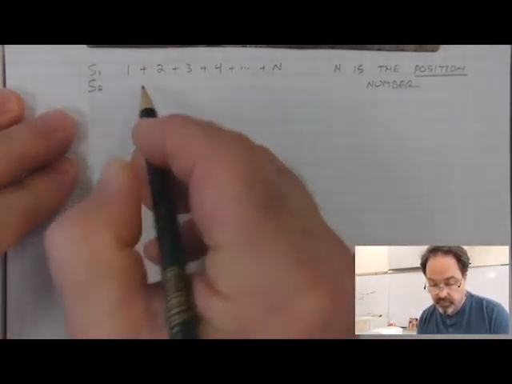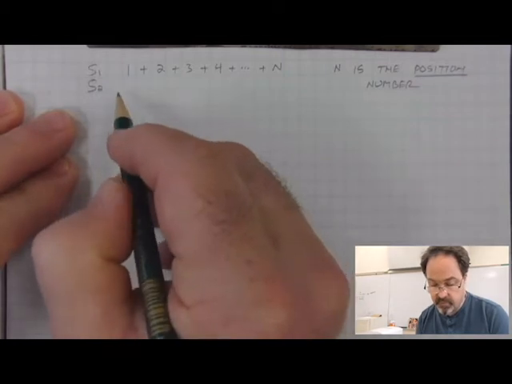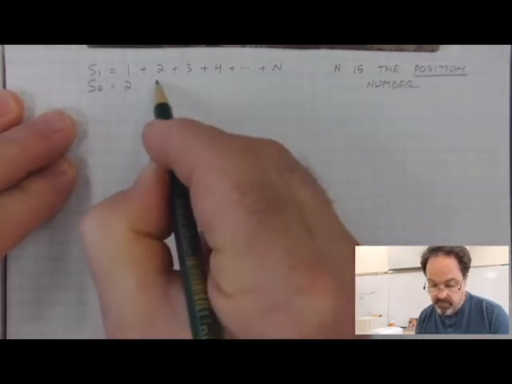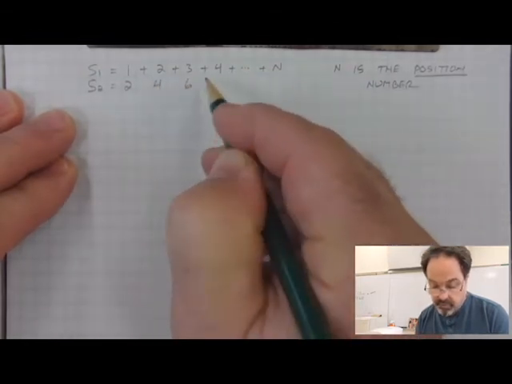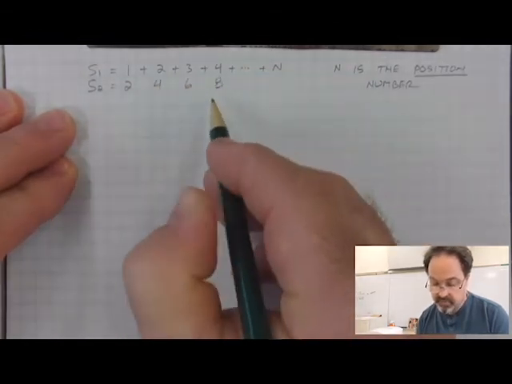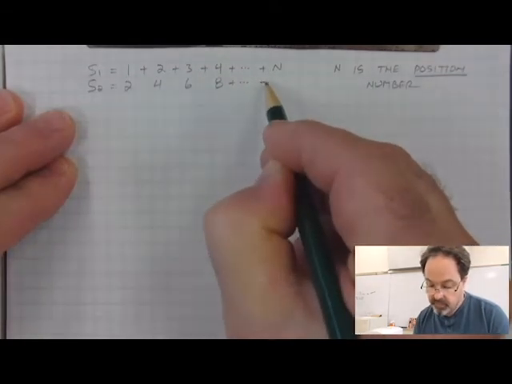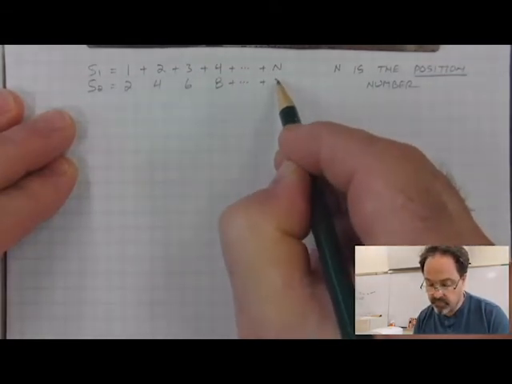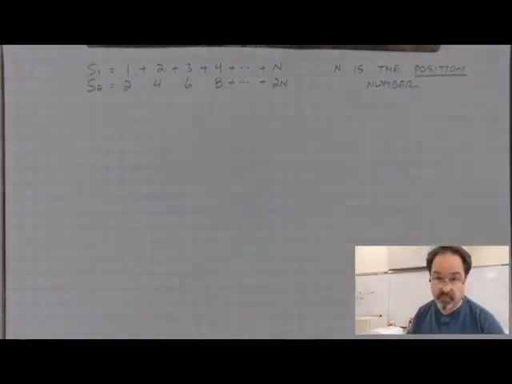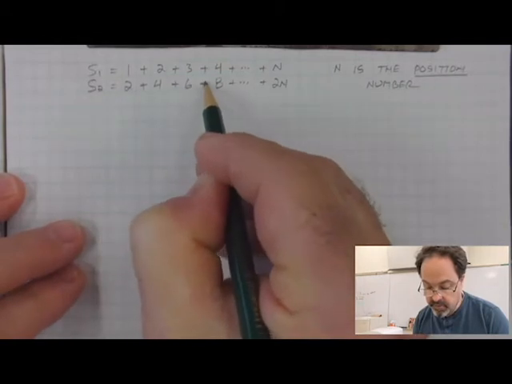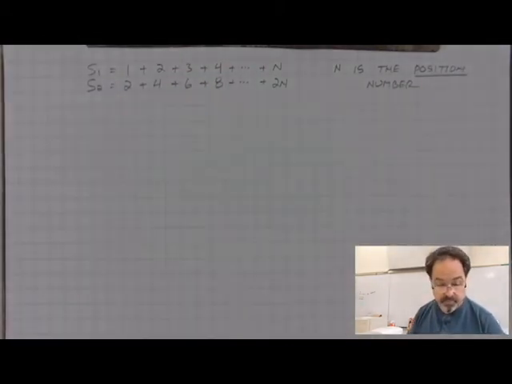I'm going to create a second series we'll call S sub 2. The sequence is 2, 4, 6, 8. The general expression to find the value of any term is 2n, or 2 times its position number. And if we add the sequence together, it produces the series.